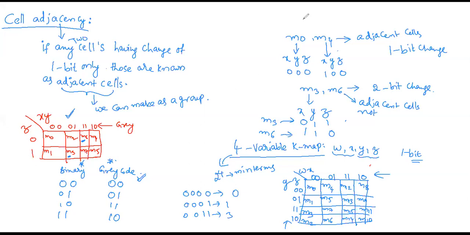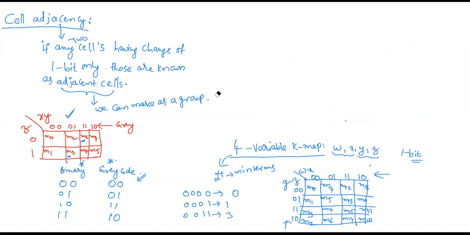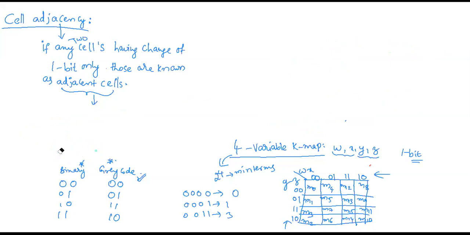Finally, we will go with the 4-variable K-map. In 4-variable K-map, can you tell me M1, M9, these two are adjacent cells or not?